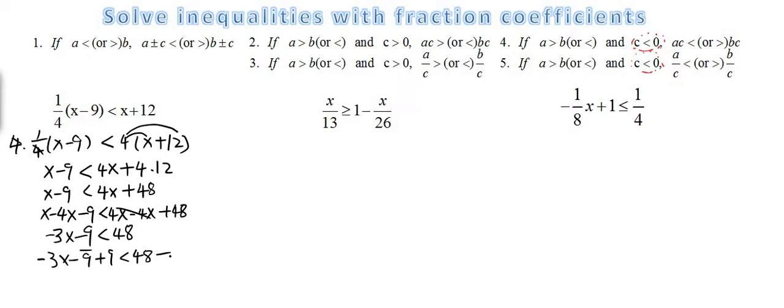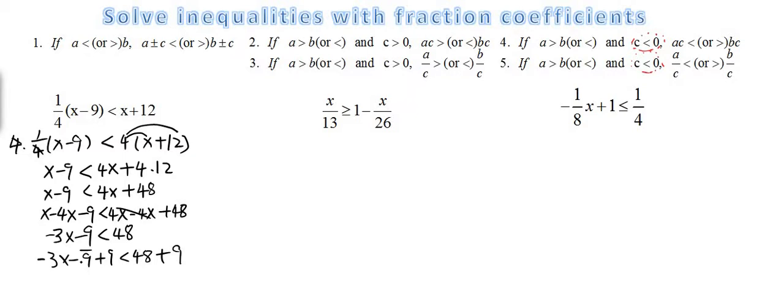Again I want to emphasize, when we do subtraction, for example we subtract 4x from both sides, or add 9 to both sides, we will not change the sign, because rule number one tells us we shouldn't change the sign.